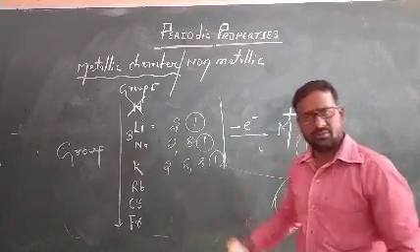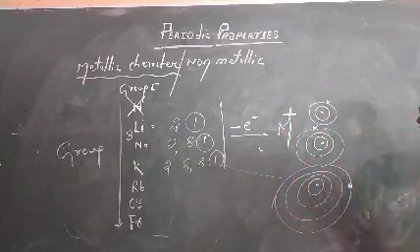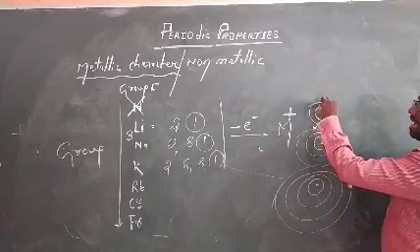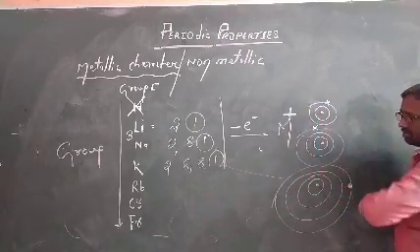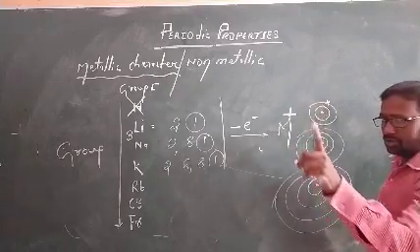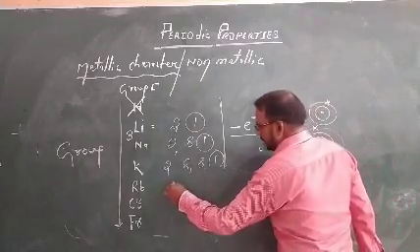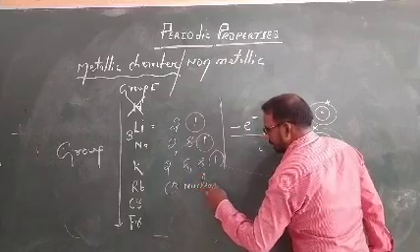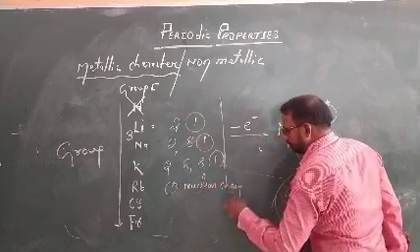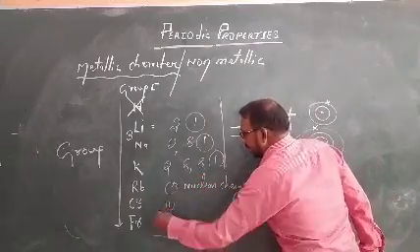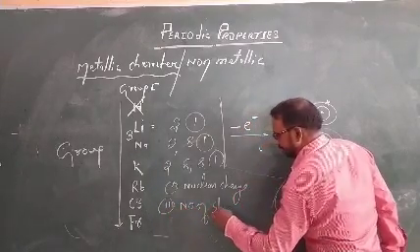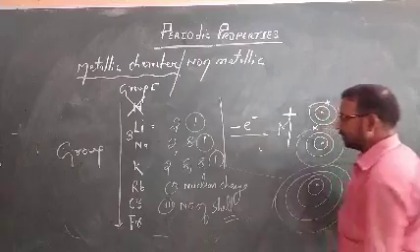Already we have talked about this. But one thing you can observe: the attraction between the nucleus and the outermost electrons depends on 2 things. First is nuclear charge, and second is the number of shells.